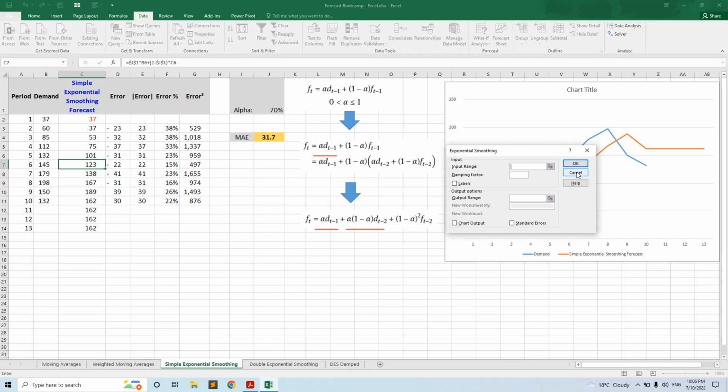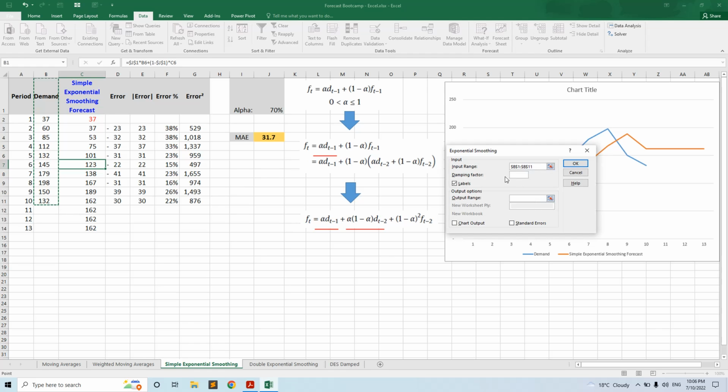We will make an exercise here, and we will compare with our simple exponential smoothing that we made with the formulas. So we have to tell Excel the input range, which has labels.